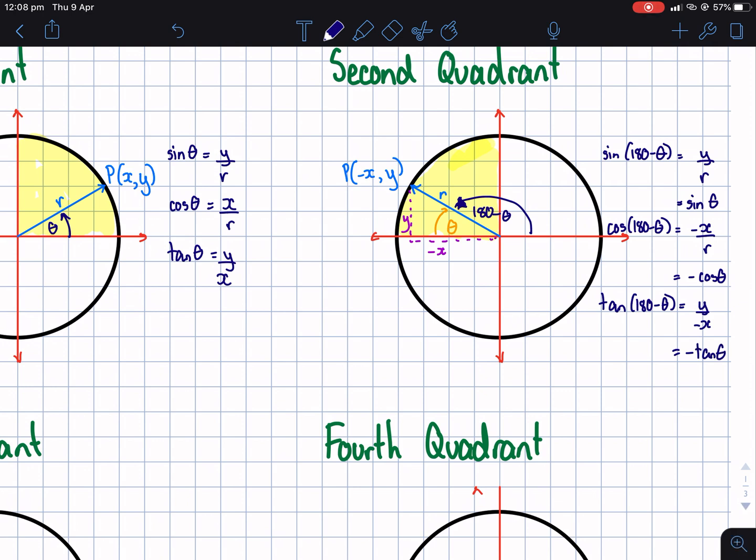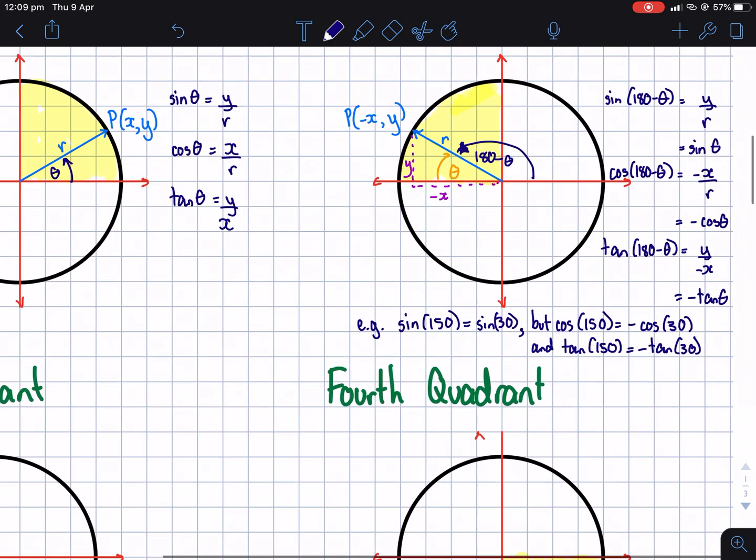So, for example, sine 150 equals just the same as sine 30, but cos 150 equals negative cos 30, and tan 150 equals negative tan 30. So you may know sine, cos, tan of 30 already, but we don't know sine, cos, tan of 150, but we kind of do, because we can just chuck negatives in front of it.